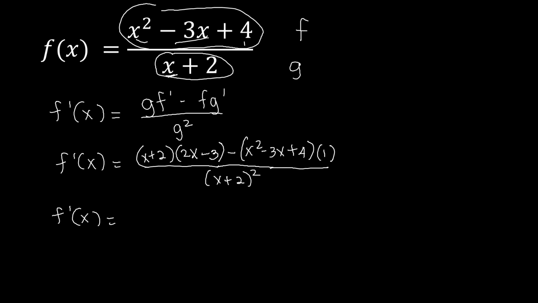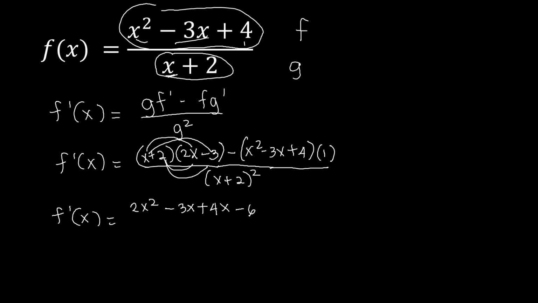We have our FOIL method for the first term. We have x times 2x, that will be 2x squared. X times negative 3, that will be negative 3x. 2 times 2x, that's 4x. 2 times negative 3, that's negative 6. For the second term, we have x squared minus 3x plus 4 times 1, that will be x squared minus 3x plus 4 still.